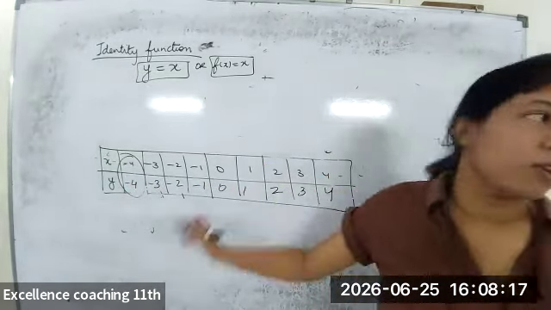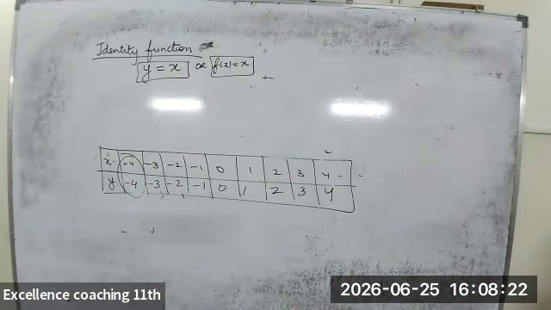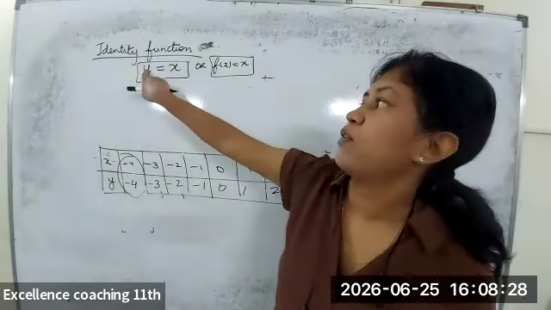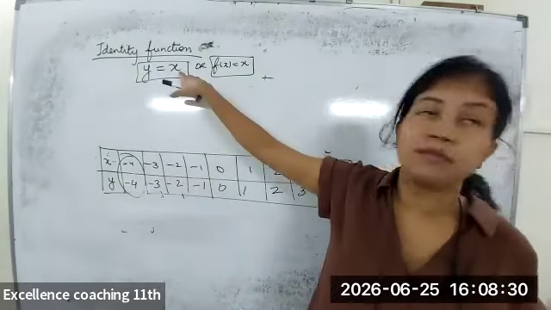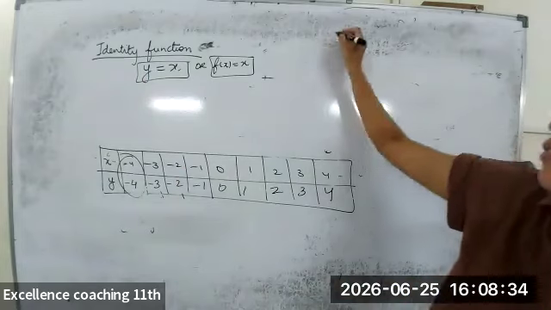Now start plotting these points. When x is equal to -4, y also will be -4. Then put x as -3, y will be -3. And now plot the graph.